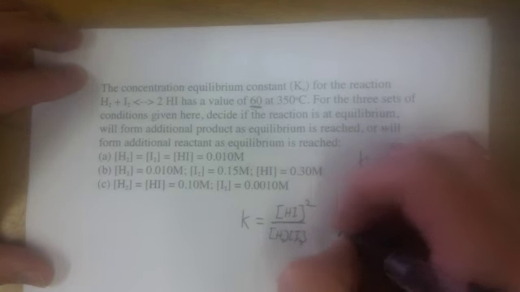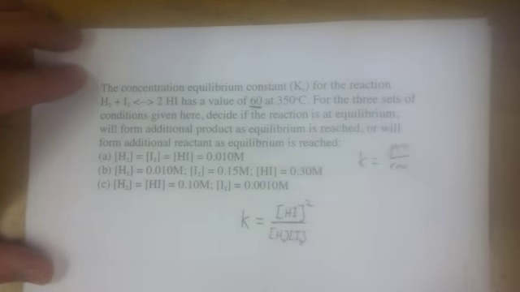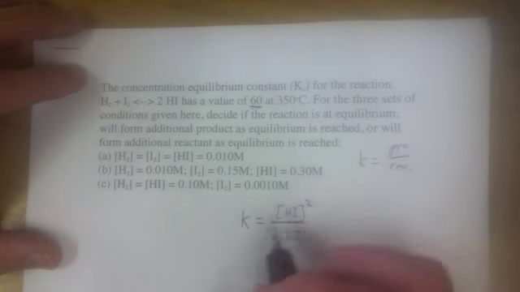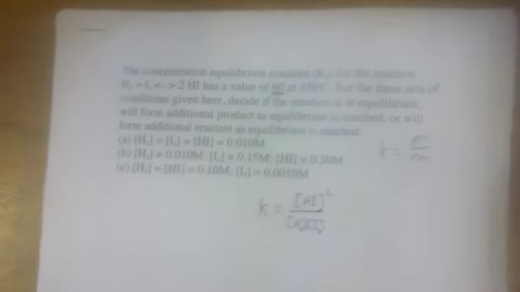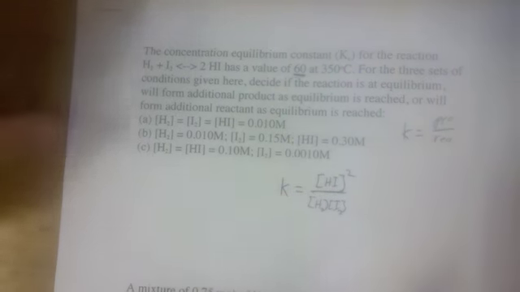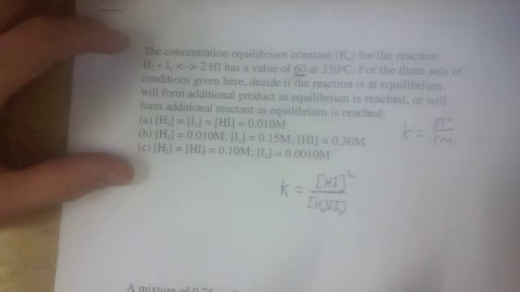The units are molar squared divided by molar squared, so we're not going to have any units at all. That's an interesting thing there. If you don't understand the units, go back and listen to the podcast. There's a link to that in the description underneath this video.